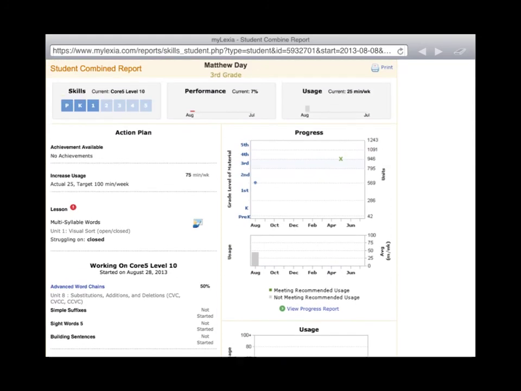In order to help this child, click on the lessons, and when you do, you see that it's Lexia Reading Core Level, Core 5 Level 10. The skill is multi-syllable words. The Lexia lesson in particular is closed syllables, and it gives you your Common Core standard and how many pages it is.